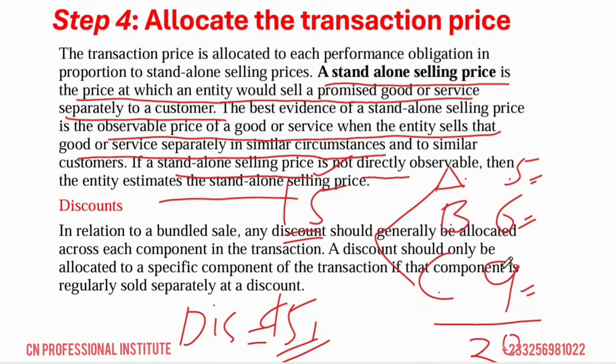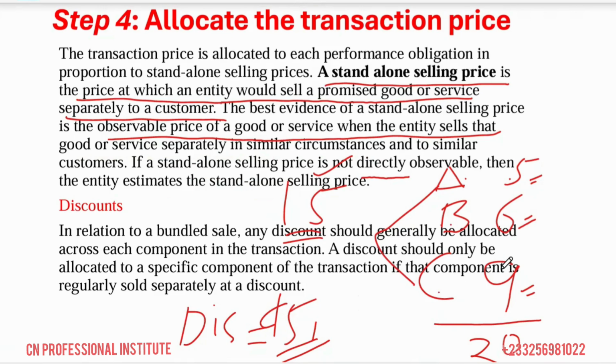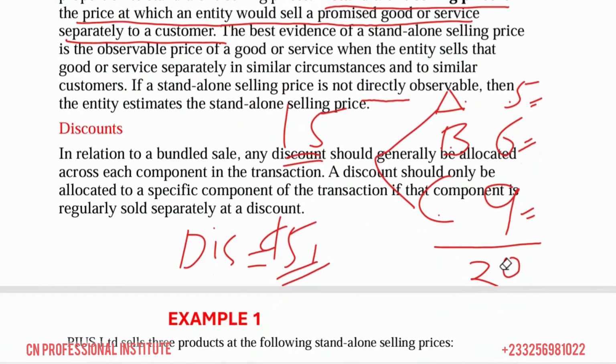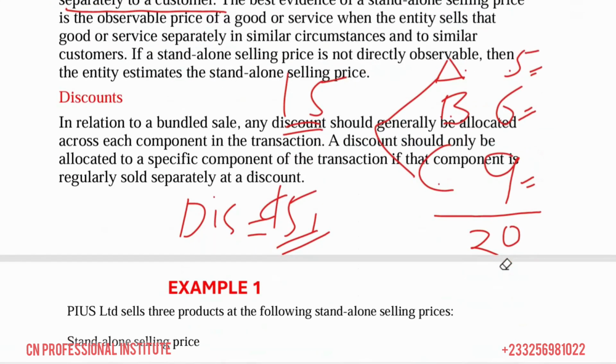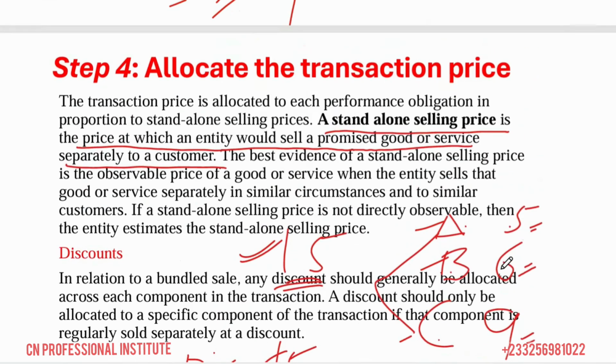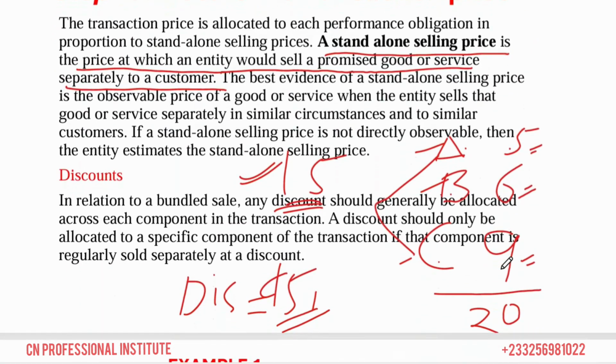So you see, we said the transaction price here is 15 million, if you remember. We said the transaction price is 15 million because that's how much you are selling the 3 together, A, B, C. So we should allocate, spread this 15 million, share it to A, B, and C. That's what we call allocating the transaction price to separate performance obligations.